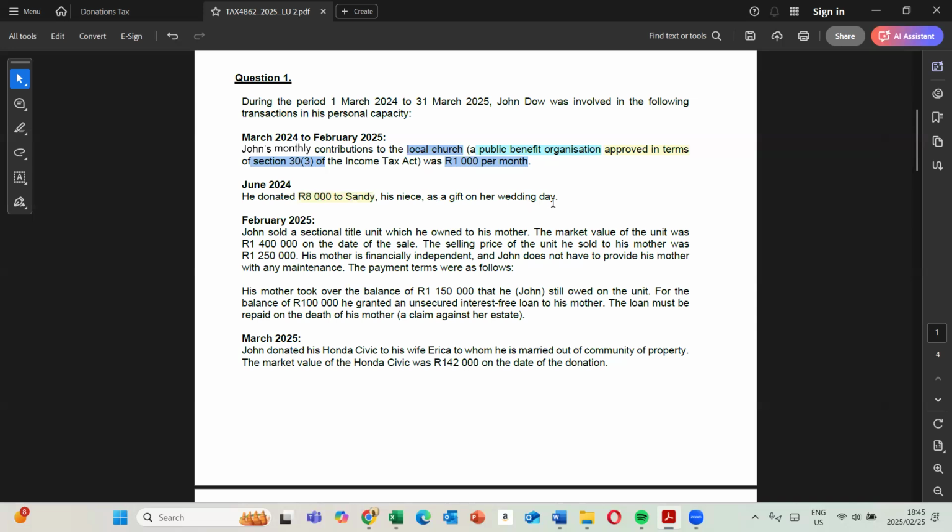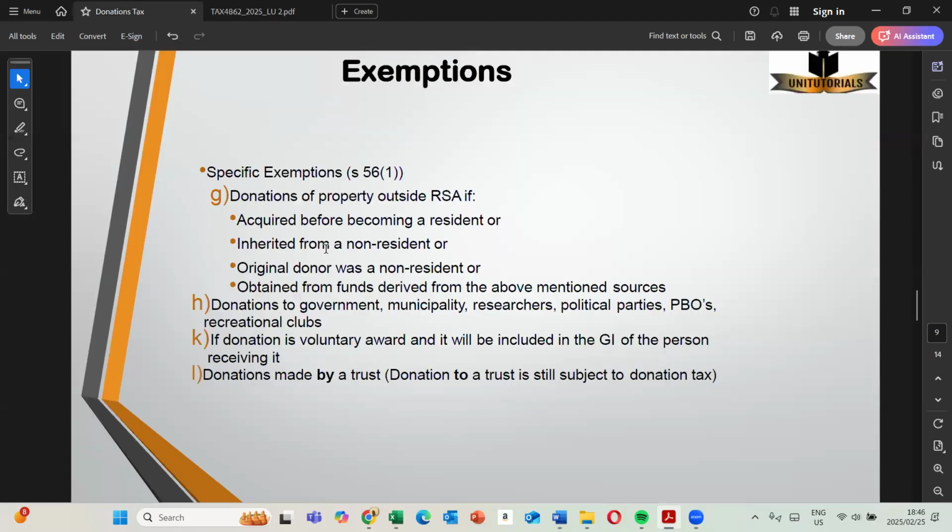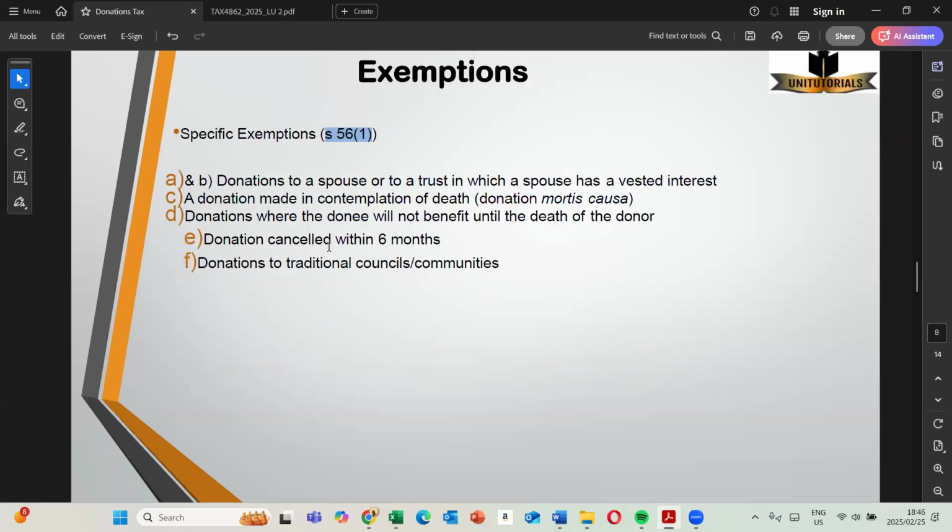So John is making a donation to Sandy. We now need to understand what happens when you make a donation to your niece. Under what circumstances is a donation to a relative exempt? We saw that a donation to a spouse is exempt, not to a niece. Let's quickly go there.